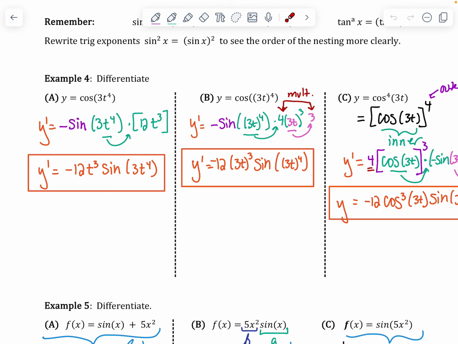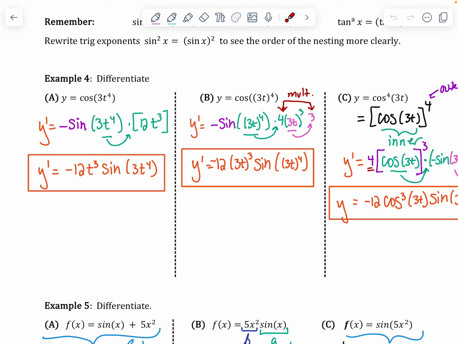But thinking of 3t to the fourth power, and instead of writing it as 81t to the fourth, we're going to say, hey, I've got a 4 exponent outside parentheses. So I'll put the 4 in front of parentheses. I'll subtract 1 from the exponent, and the interior of the parentheses stays the same.